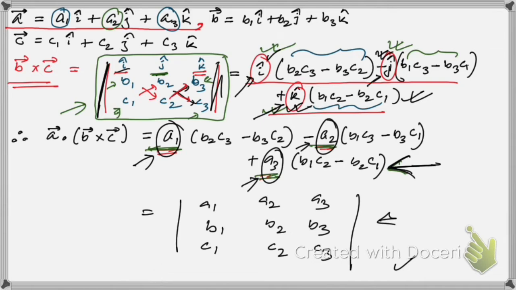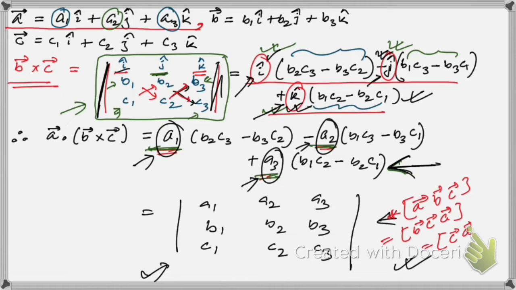Now you see one more important thing: if you take the scalar product of vectors a, b and c, then the scalar product of b, c and a in this order, and then the scalar product of c, a and b, all three results are the same.